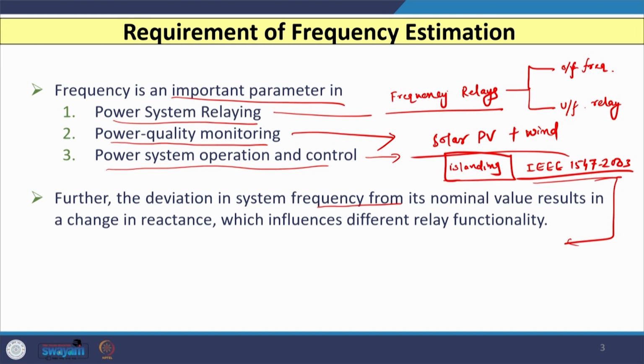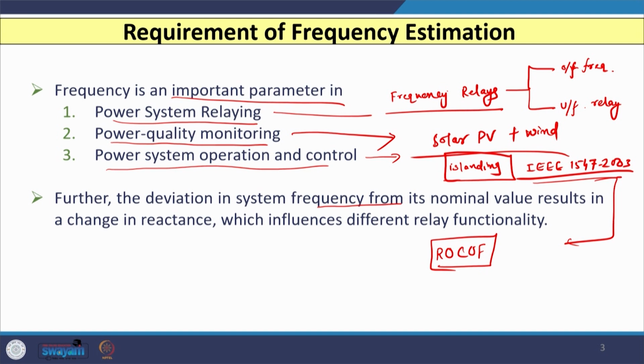Even when we want to monitor the load shedding scheme, the frequency is an important parameter, and in that we know that the rate of change of frequency is going to be monitored.